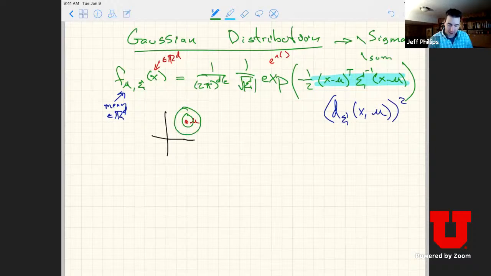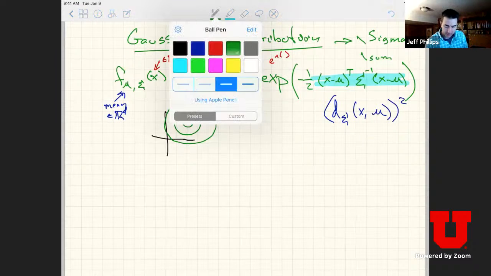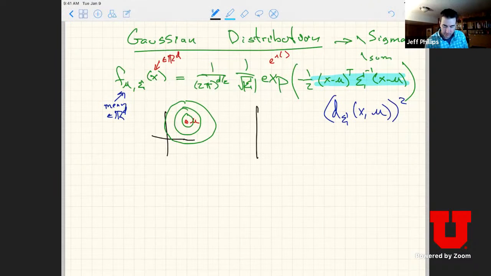As you get further out, the function value decreased. With this covariance matrix, you still have a mean mu, which is the center, but the distribution can have some sort of skew to it.